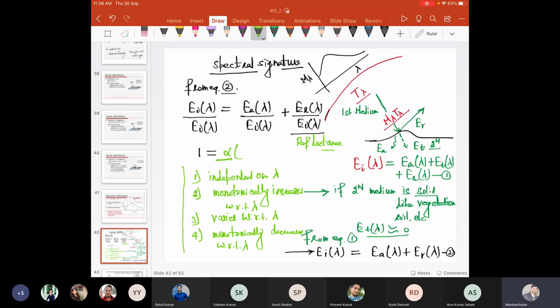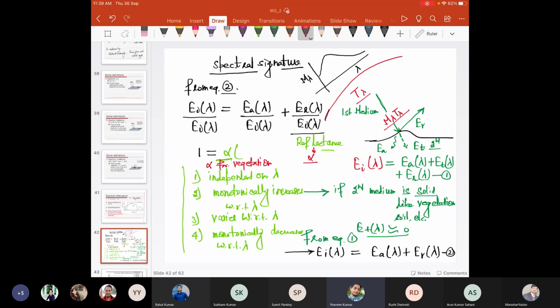Let's say we consider the material vegetation, alpha for vegetation, and reflectance is represented by the symbol alpha. So for alpha for vegetation, out of these four, which option is correct?